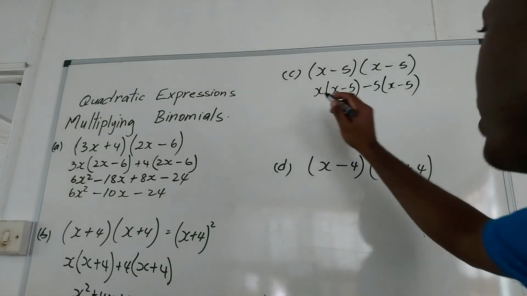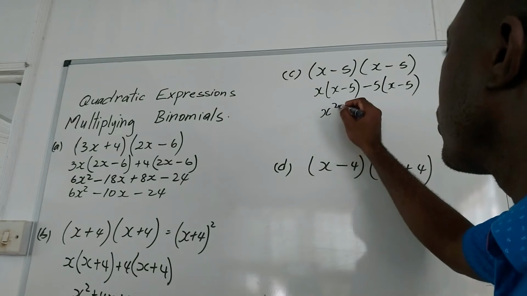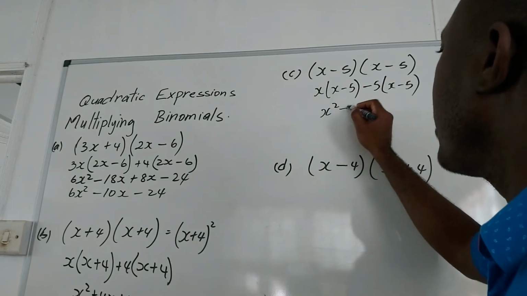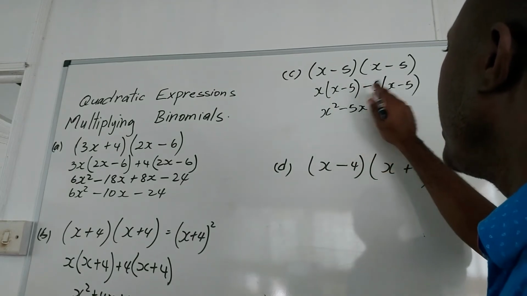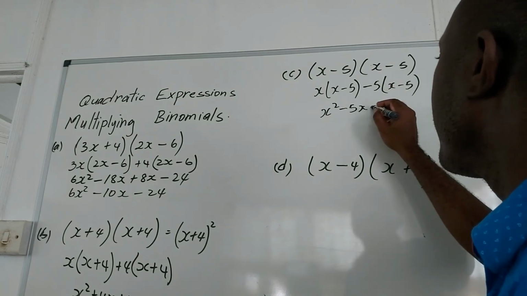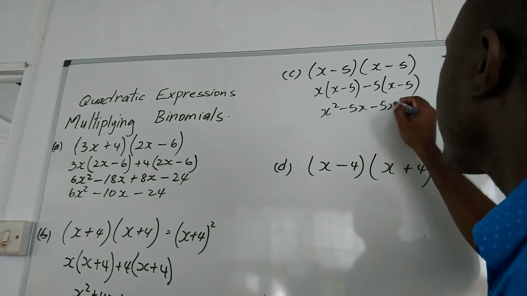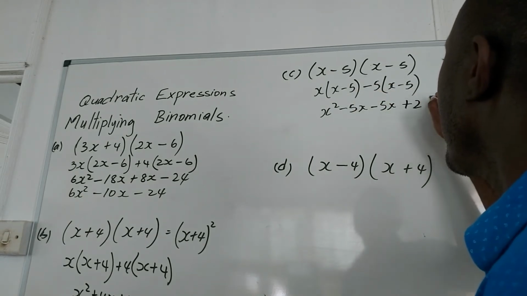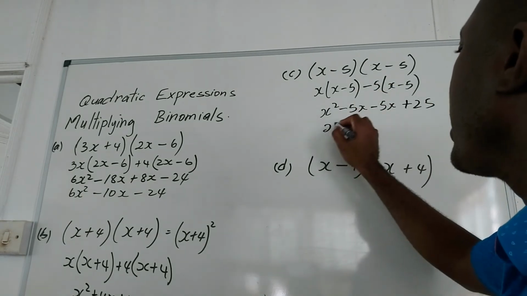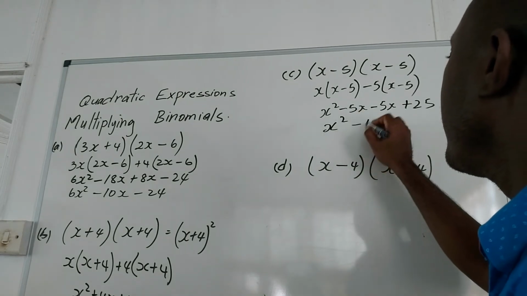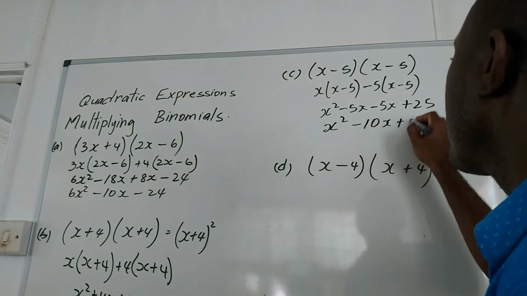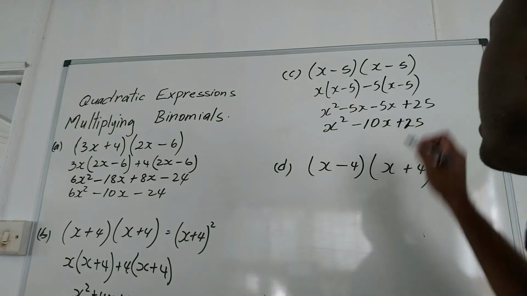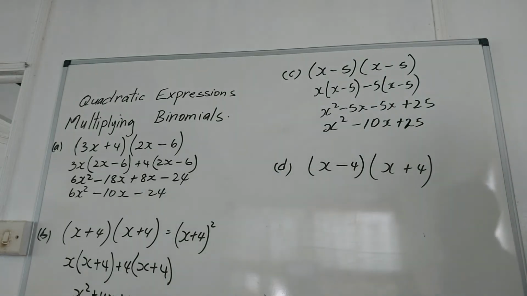So here we have x times x will give us x squared, x times minus 5 is minus 5x, minus 5 times x is minus 5x, and minus 5 times minus 5 will give us positive 25. So now we have x squared, take 10x, plus 25 as our final answer.